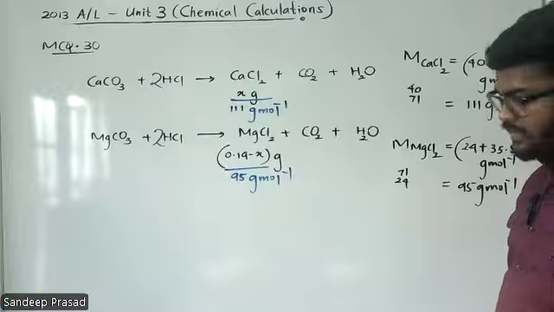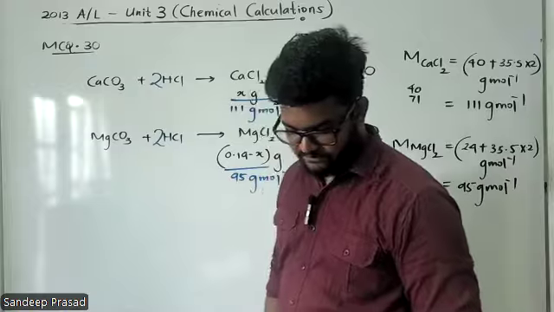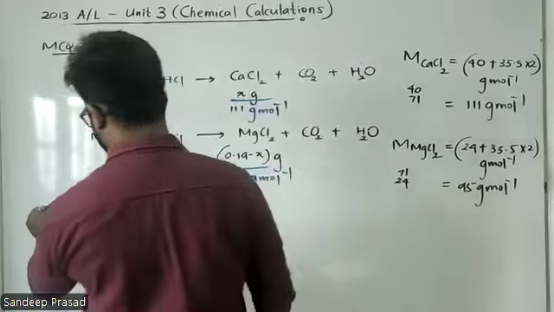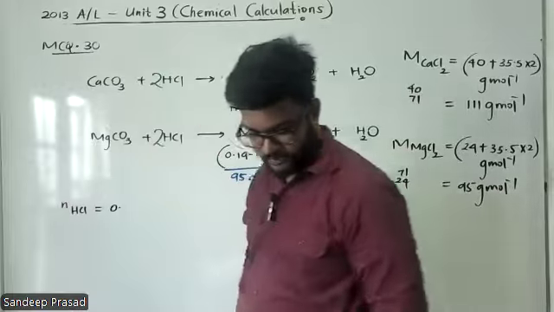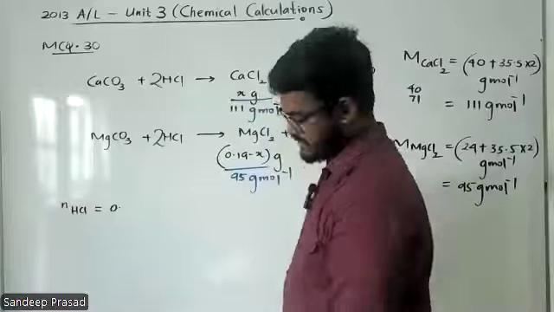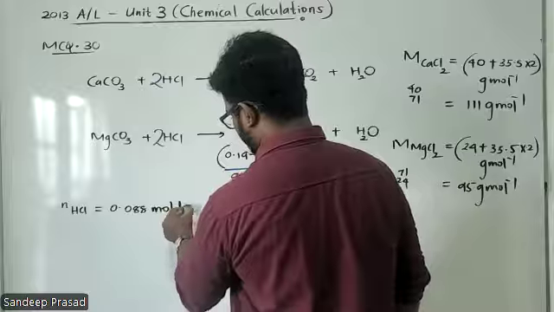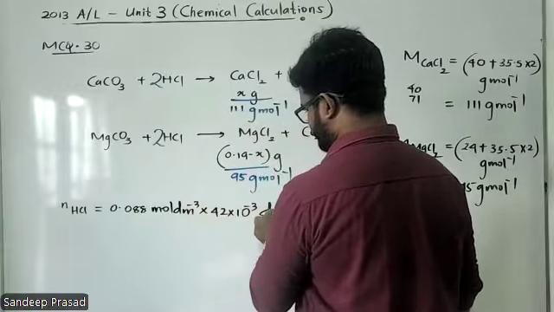Right? And students, the total HCl concentration is given and the volume is also given, 42. Then I can find the total HCl moles: 0.088 moles per cubic decimeter multiplied by 42 × 10^-3 cubic decimeter.